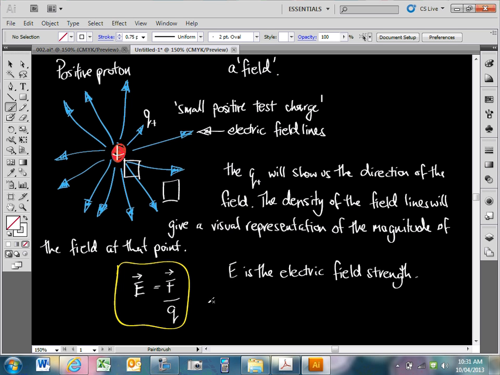And can anybody see the units it has? Newtons per coulomb. Newtons per coulomb, yes. That's an easy one.